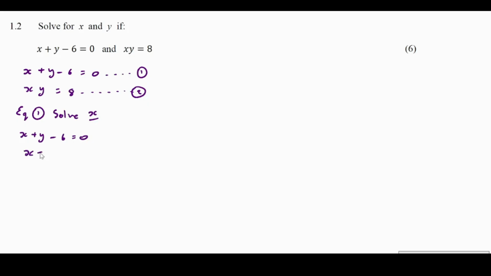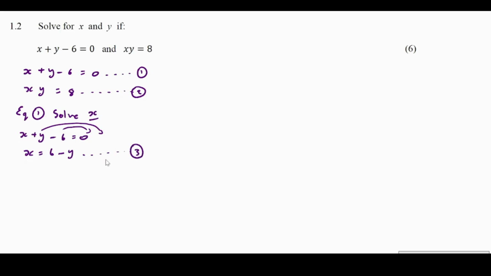That means x is equal to, look at this very carefully. If you take 6 to this side of the equation, you transpose 6 to this side, it becomes positive 6. And then y is positive, it comes to this side of the equation, it becomes negative y. So I'm going to call this one here equation number 3.